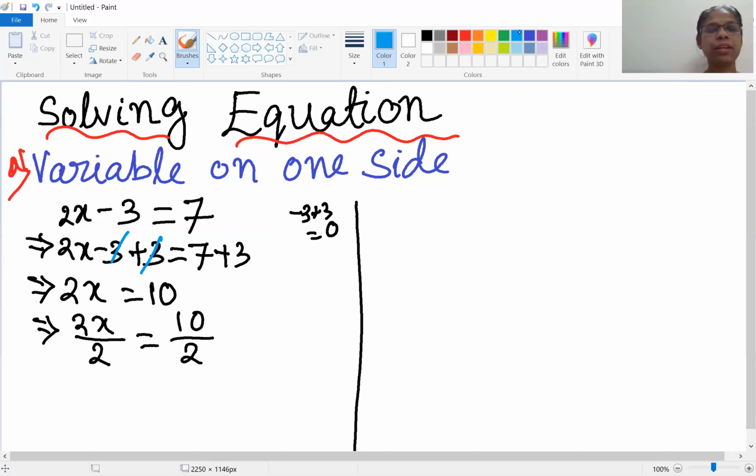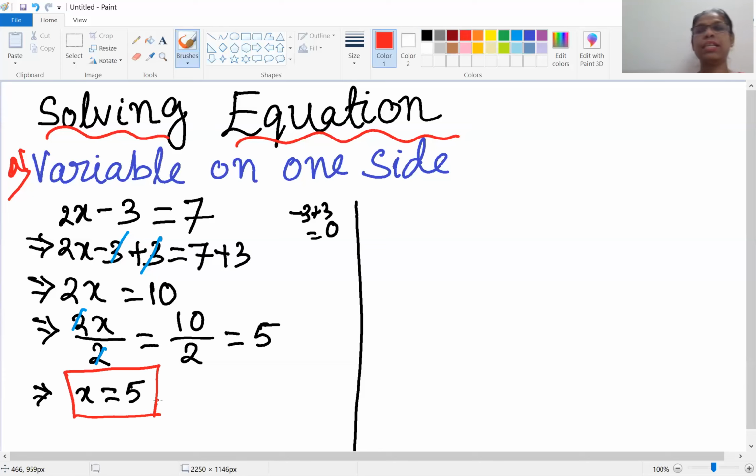Now again nullifying 2 and 2, what is my answer here? 10 by 2 is equal to 5. Now I got my value of x here. x is equal to 5.